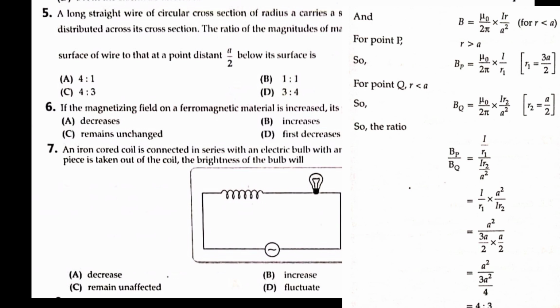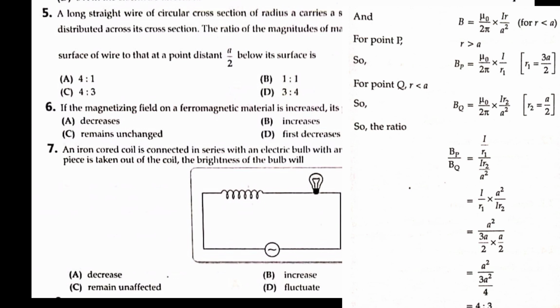The similar terms will get cancelled. Then we are getting A square divided by 3A square by 4. So that means the ratio is 4 is to 3. Here we are finding the ratio of magnetic fields at P and Q, so BP by BQ is found to be 4 is to 3. So what will be the answer?